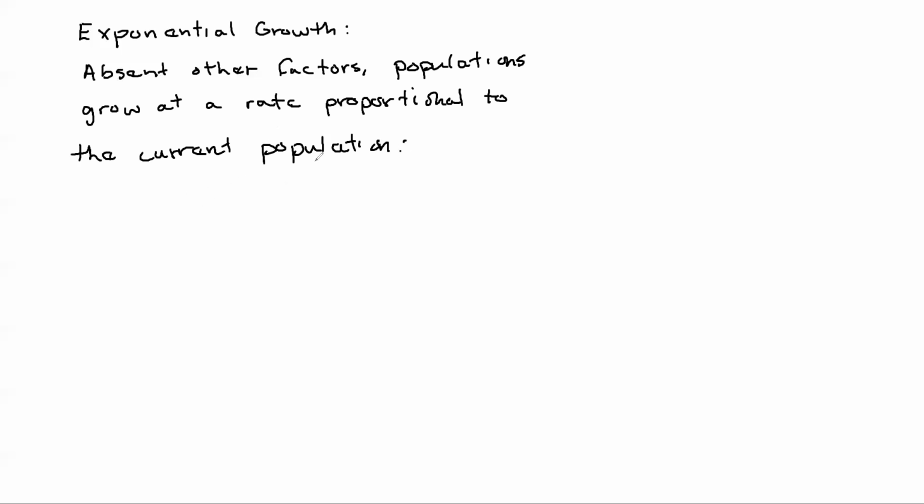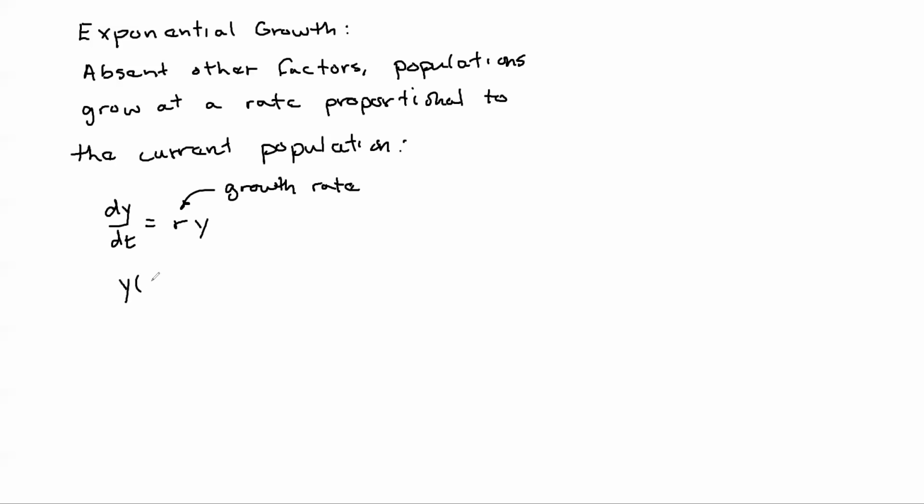So what does that look like? Again, we've modeled this before. dy dt equals r times y. In this case, r is called the growth rate. It just says if you take the current population and multiply by the growth rate, you'll get the amount of new population. dy dt is the change in y. If y is the population, this is the change in the population.